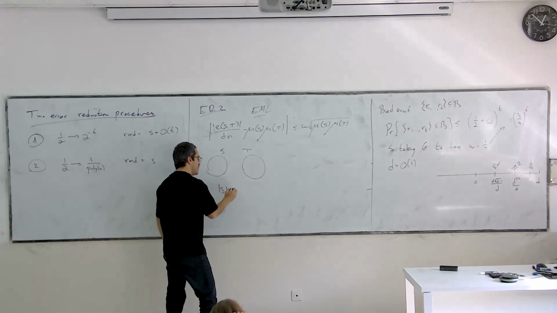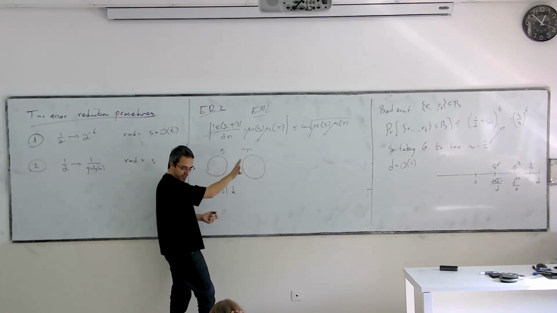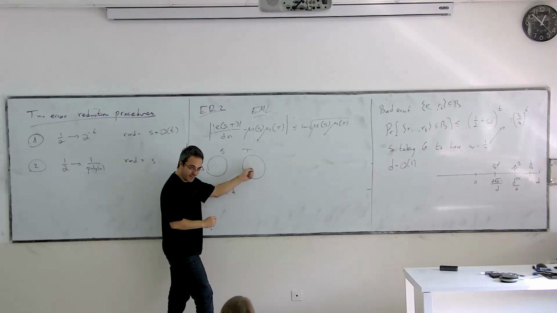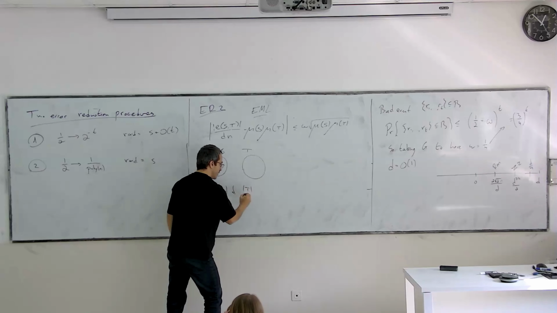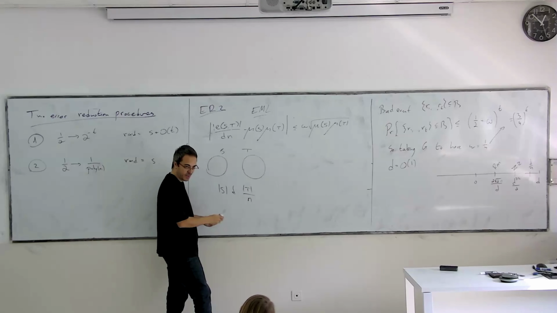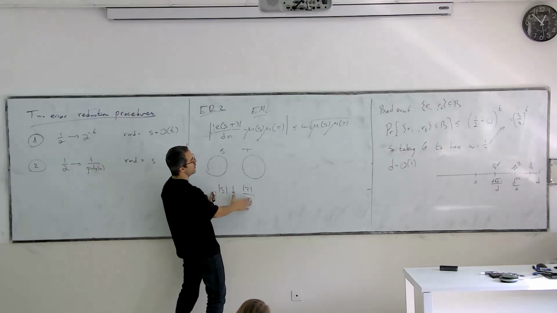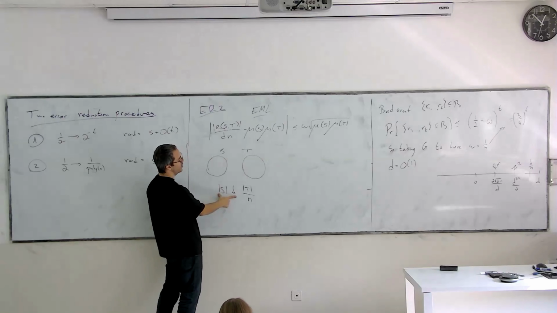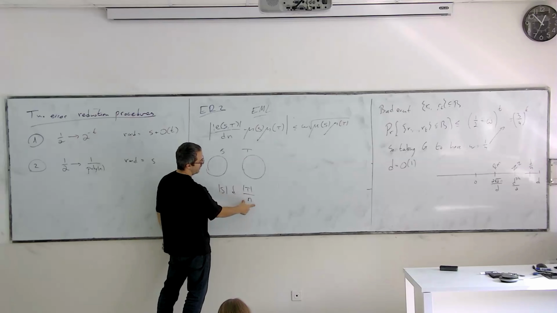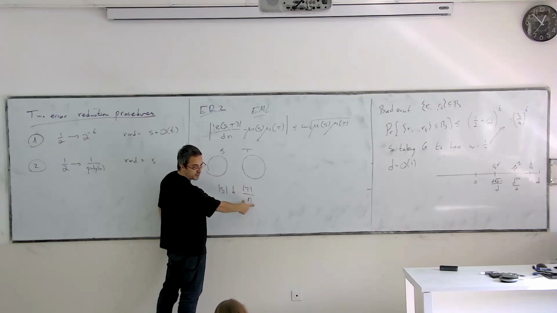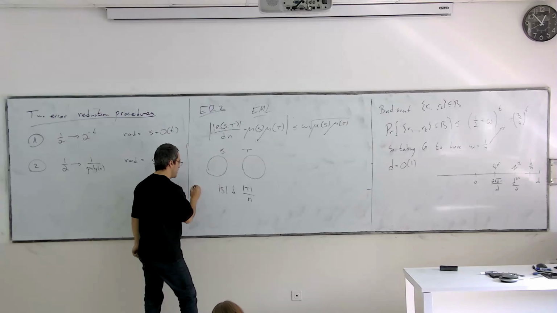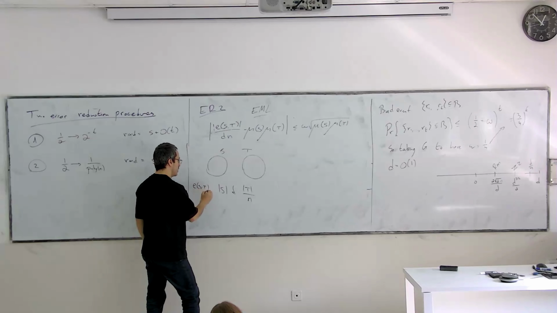So you have |S| times D edges leaving S, and the probability that each of them will hit T is |T| over N, where N is the number of vertices. So that's the number of edges you expect to be between S and T. Because you throw this many edges from S, each of them will fall into T with this probability. It's a heuristic thing. So this is the number of edges you expect.